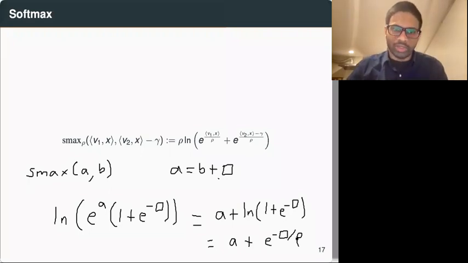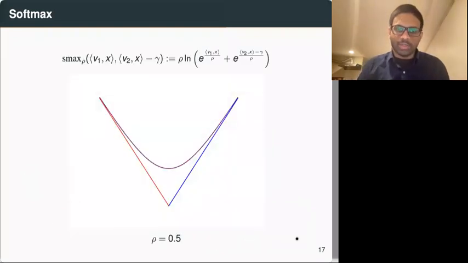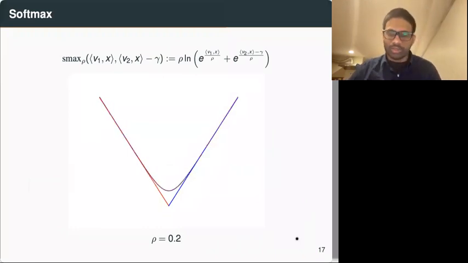So that's the whole point of the parameter rho. So let's look at this in practice. This is just the maximum of the two planes, and the purple curve is the softmax of them. This is with the parameter rho equal to 0.5. And if you make rho smaller, it's going to become exponentially small much faster.